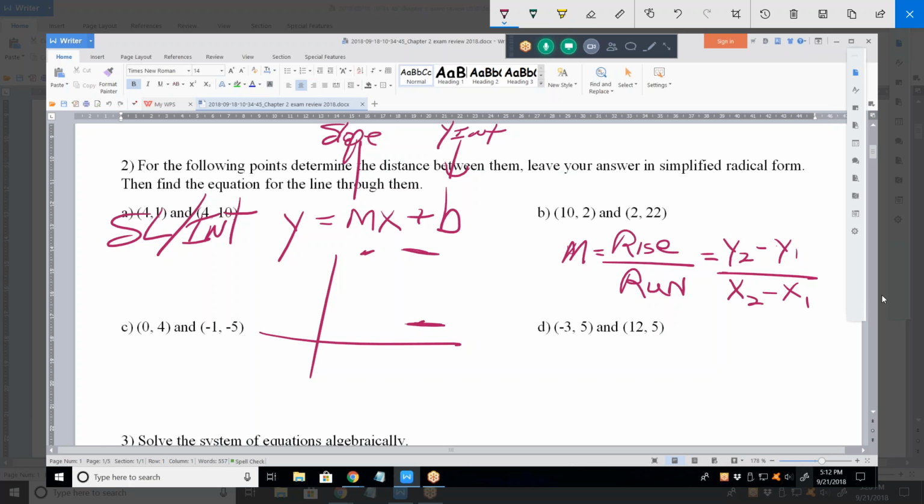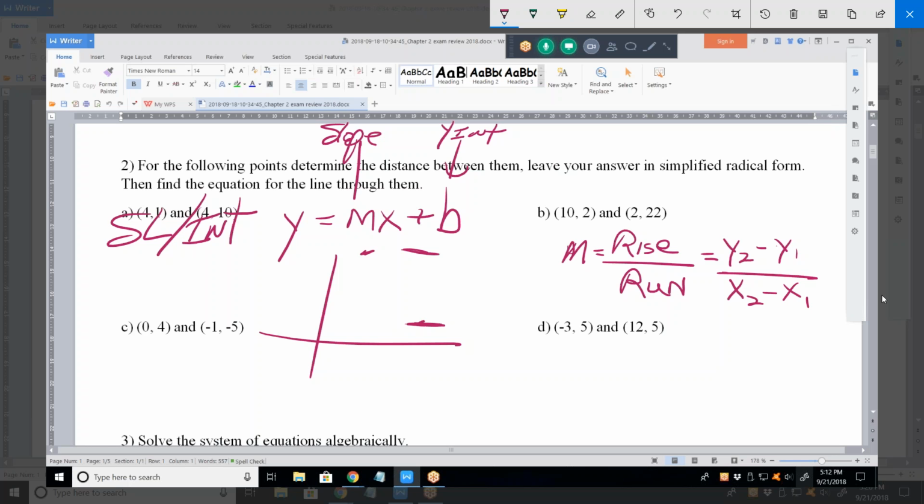Notice that it's easier to do 10 minus 2 than 2 minus 10. But if I do that, I'd have to do 2 minus 22, so I've created the same problem. So try to use this formula unless it's clearly easier to reverse them.